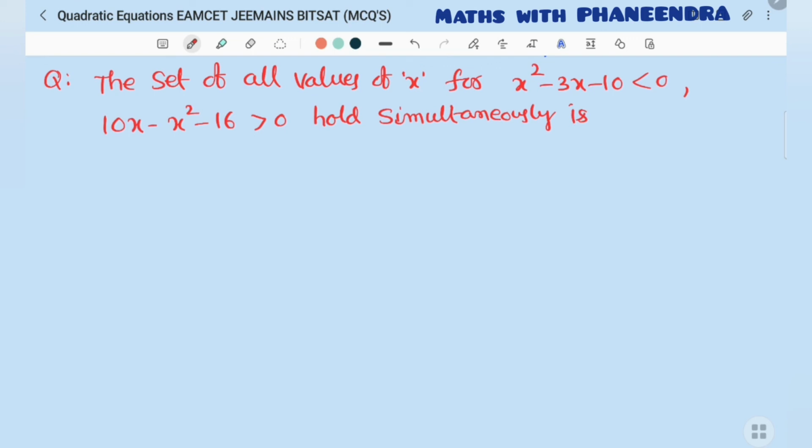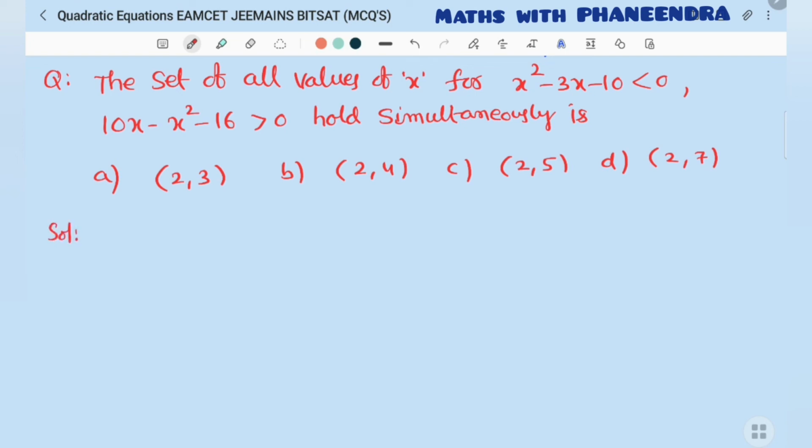What option do we have, in which interval it will be? Open interval of 2 comma 3, open interval of 2 comma 4, open interval of 2 comma 5, open interval of 2 comma 7.